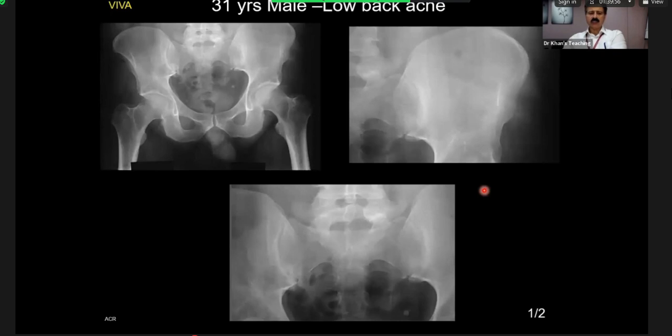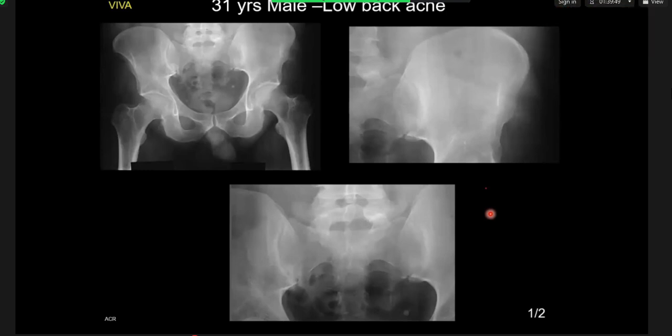If you see this case, okay, can you tackle this? Over to you, candidate 4. Okay, that's a 31-year-old male with low back aches.